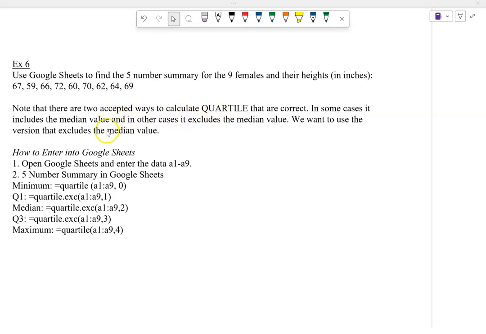We're going to be excluding the median. So you have to make sure you enter it correctly for the quartile. We're going to enter the data values, and then for quartile 1, equals QUARTILE.EXC. That means excluded. I'll show you what I mean.